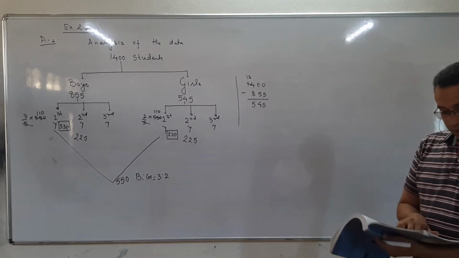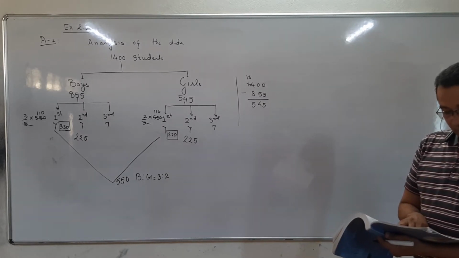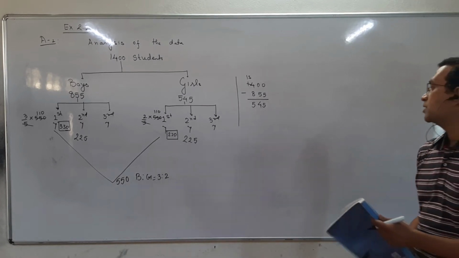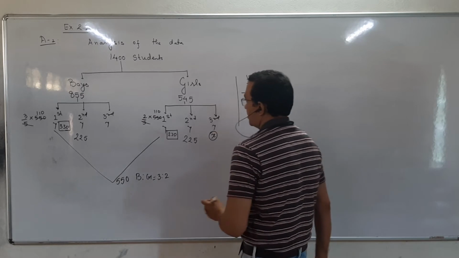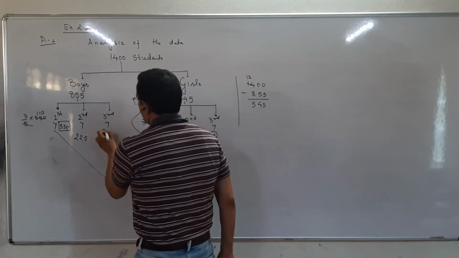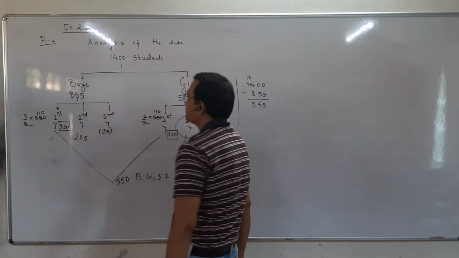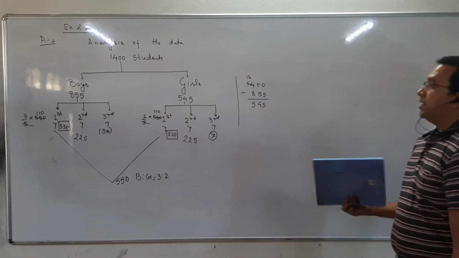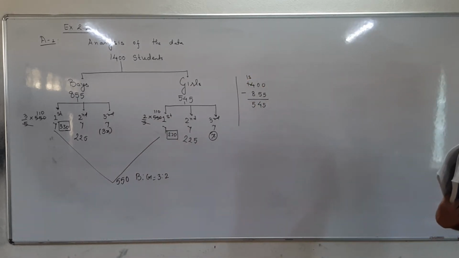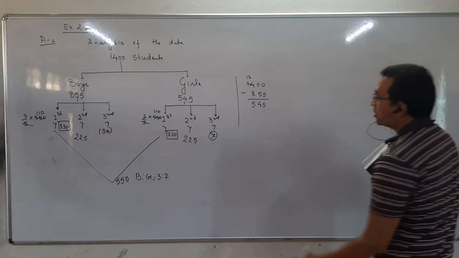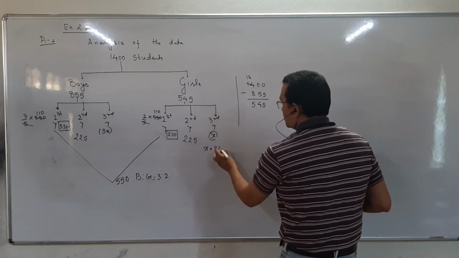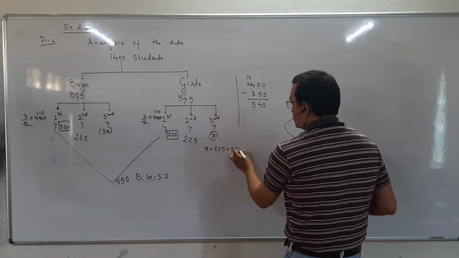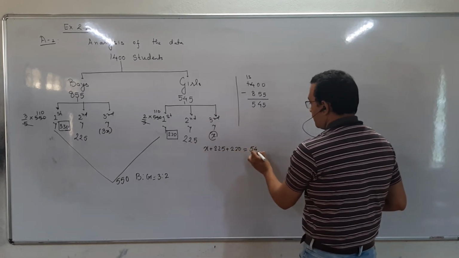Then in the third year, number of boys is 3 times the number of girls. So suppose number of girls is x, number of boys will be 3x. Now, easily we can find x. The total of all these 3 must be 545. x plus 225 plus 220 is equal to 545.